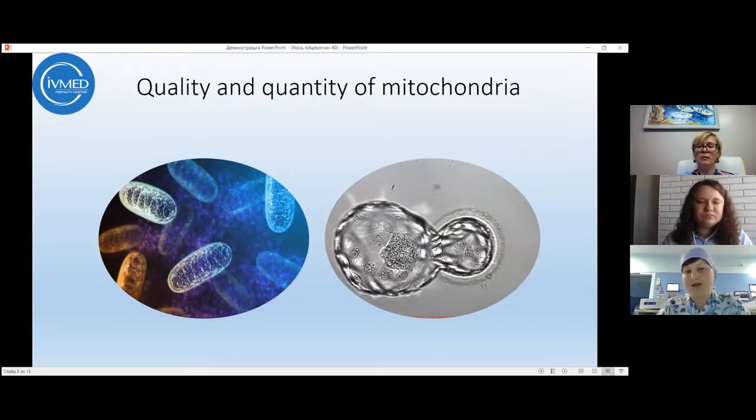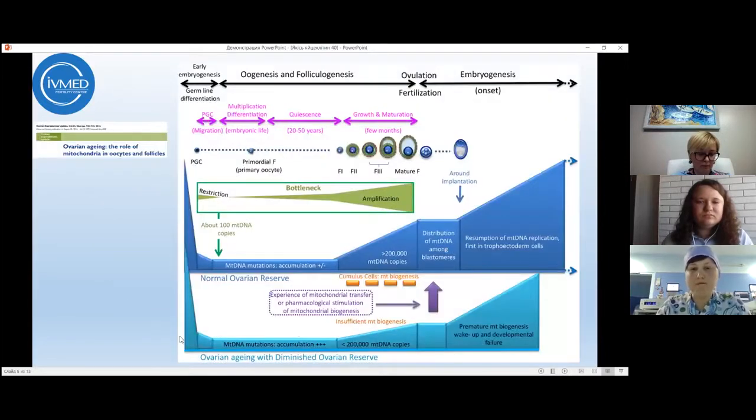Mitochondria also have their own small round mitochondrial DNA. So it's also important to have this DNA without any mutations and with good properties. Some literature data show us that when oocytes start to grow and mature, the number of mitochondria must increase.